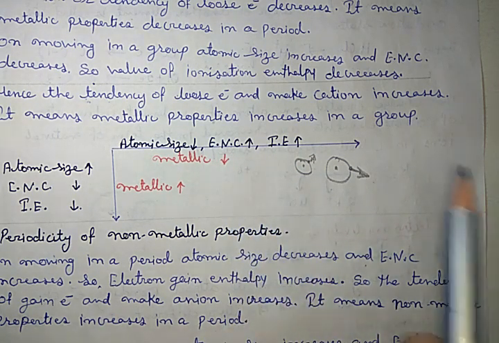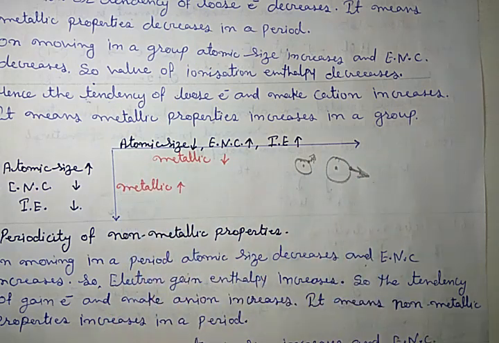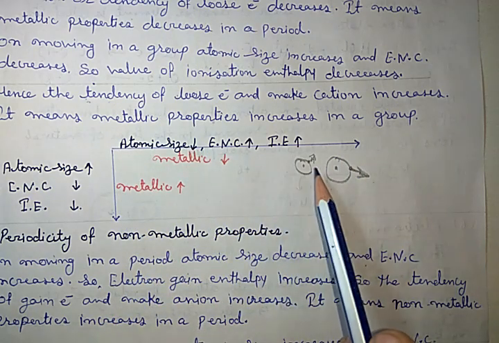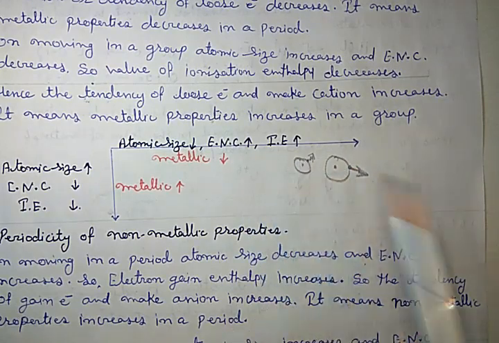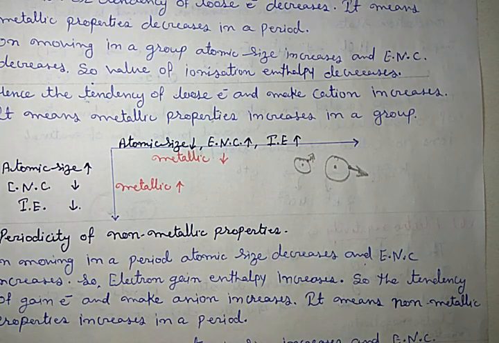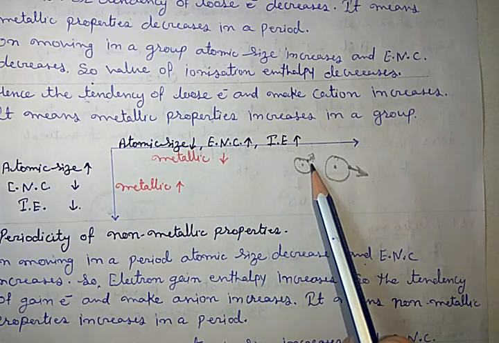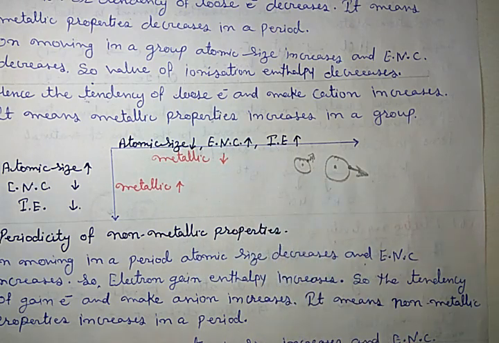Now, in a period, atomic size decreases and effective nuclear charge increases, and because of that, ionization enthalpy also increases.